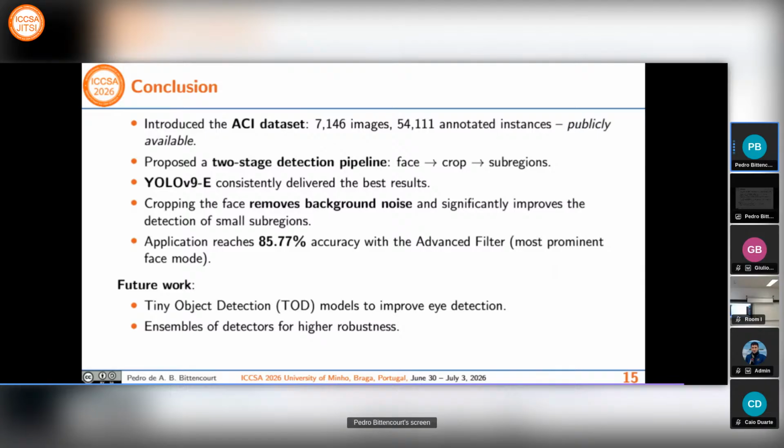The key finding is that face cropping removes background noise and significantly improves the detection of small subregions. Our application reaches 85.77% accuracy in the most prominent face mode. For future work, we plan to explore tiny object detection models to further improve eye detection and to investigate ensemble approaches for higher robustness.